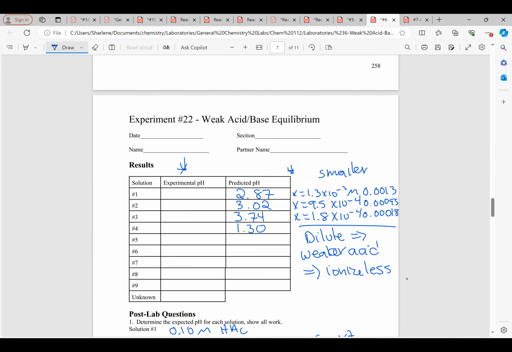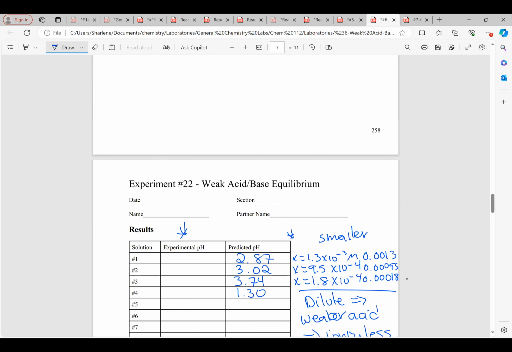Now, the fun thing in lab, if you do the experimental portion first, everybody thinks that they've done something wrong. Because here we have a pH of 2, pHs of 3, and then suddenly it plummets. But now looking at the numbers, we should have expected it to plummet because basically we're taking the pH of a diluted strong acid. Any thoughts, questions on what that one was supposed to show us? Nope. Okay, let's go to the next one.